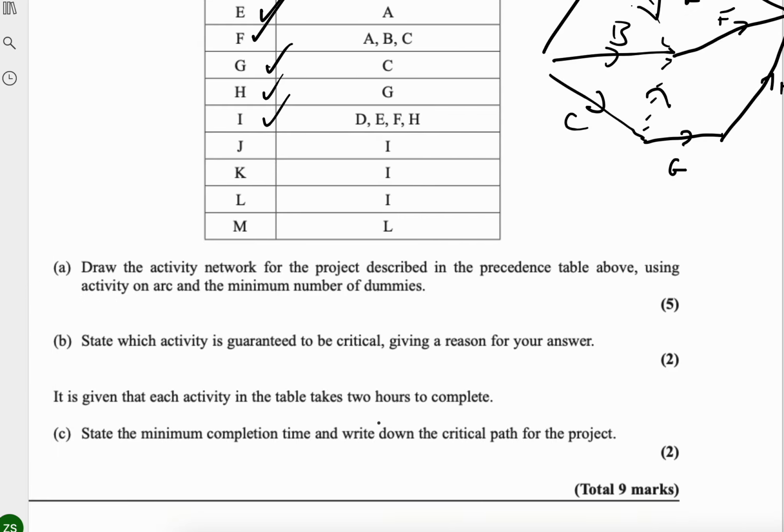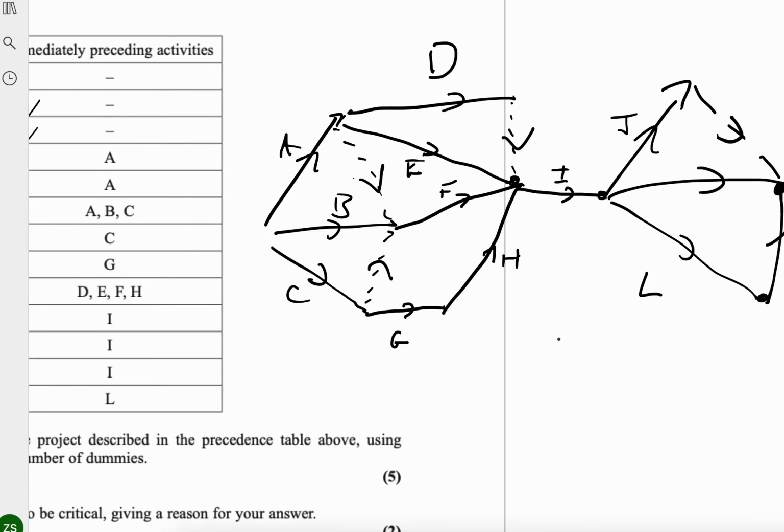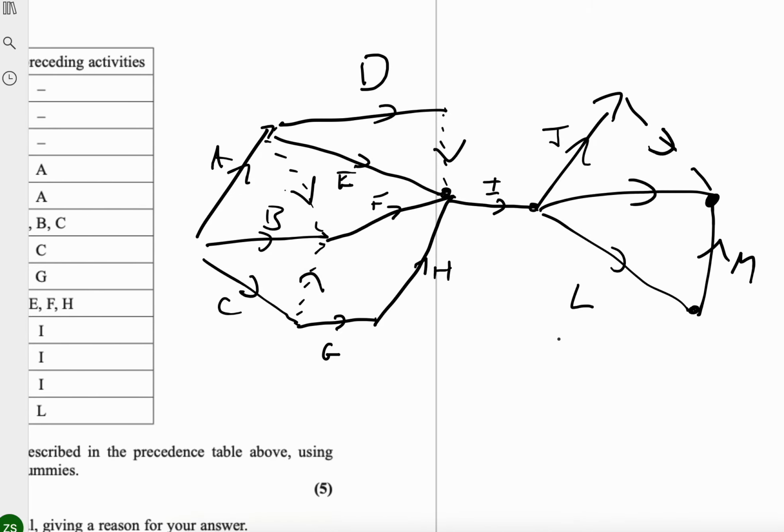Which activity is guaranteed to be critical? Well, is there any activity that is compulsory for every path from start to sync? Is there any activity that, if you made it longer, would make the whole task longer?